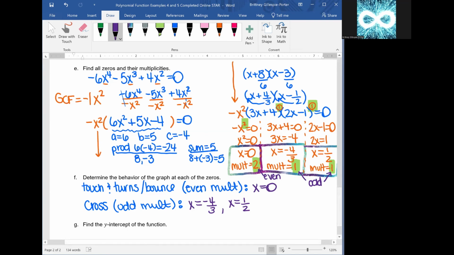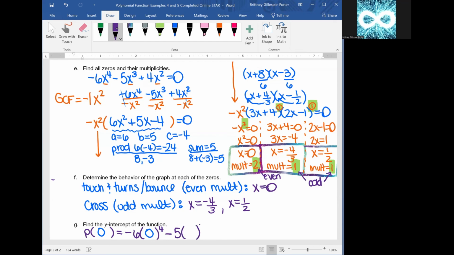Next, we need to find the y-intercept of our function. Remember, that means that we are going to plug in a 0 every time we see an x in our function. So we're looking at p of 0 is equal to negative 6 times 0 to the 4th. I'm plugging into the original. You could plug into factored form if you really wanted.